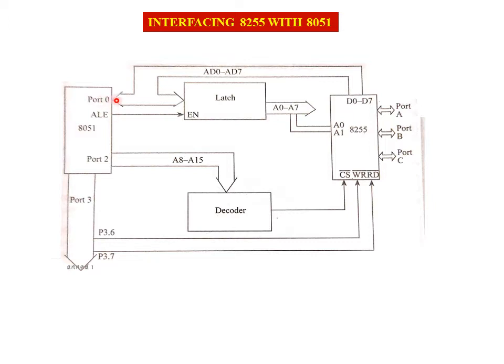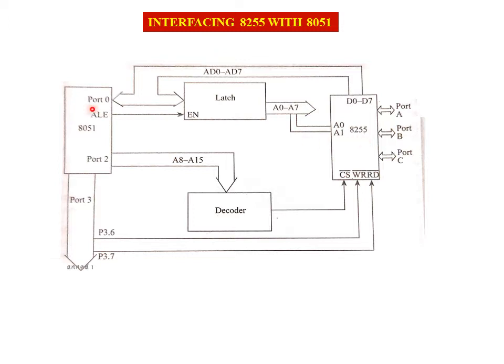using port 0 and port 2, so totally 16 address bits. Port 0 has 8 address bits, port 2 has 8 address bits, and commonly these 16 address bus bits are used to interact with the 8255 interface unit.